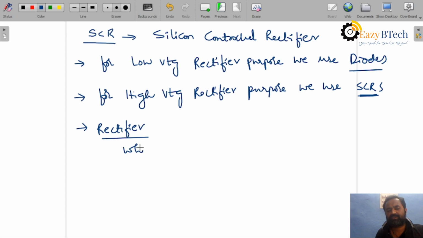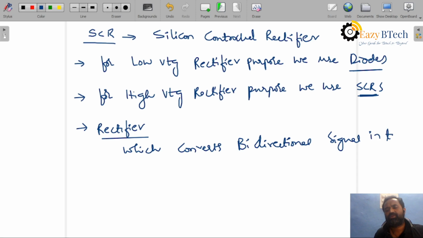A rectifier converts a bidirectional signal into a single direction signal.